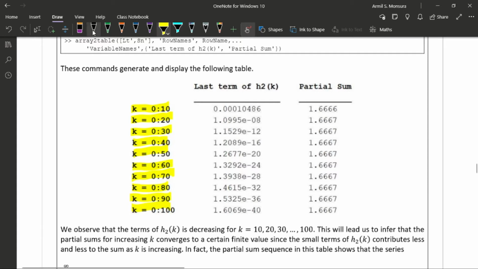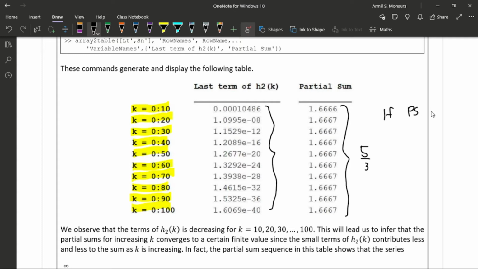The first thing you would see is that the value of H2n as you increase k is approaching 0. And as you can see, the partial sum is approaching a certain value, which is 5 over 3.